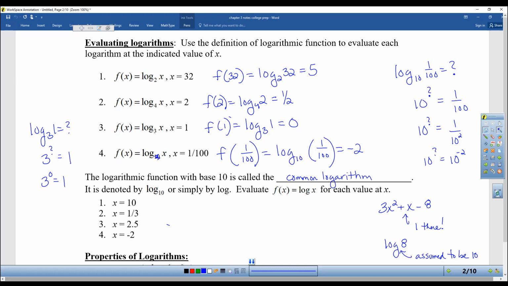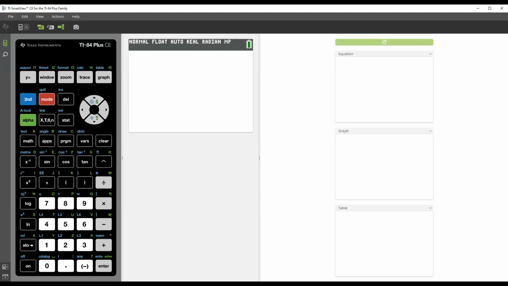And it's also so popular, it got its own spot on the calculator. So if they want to know log of 10, or log of 1/3, or log of 2.5, it's on your calculator. That button is right here. So you literally can just say log 10, and it'll give you the answer.